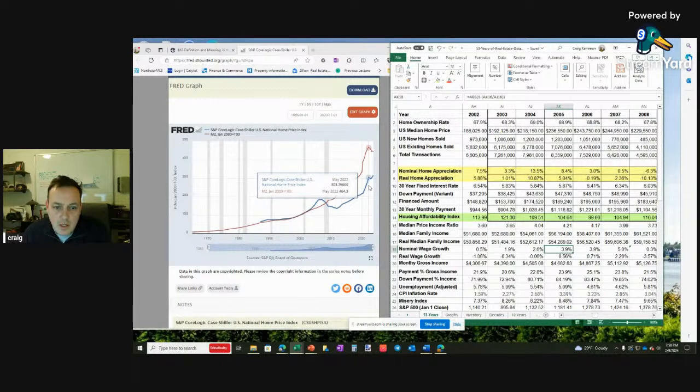Now, what is going on here, I don't quite understand yet. This is right at this peak is May 2022, which would be when the interest rates started to spike. I don't have that information in front of me. I wish there were some people on live chat here to get me that information.